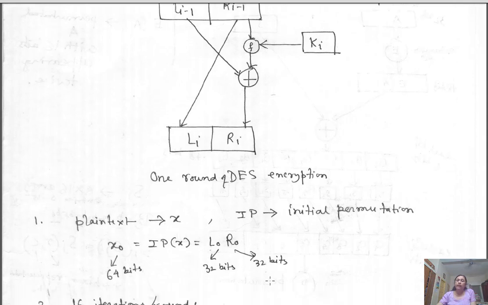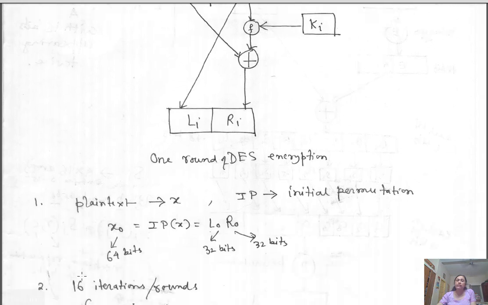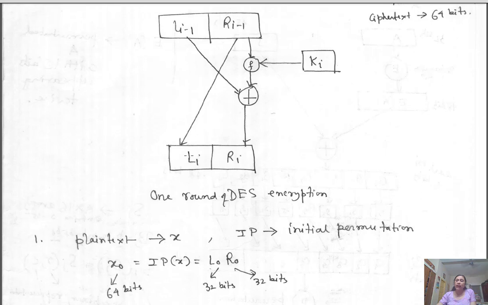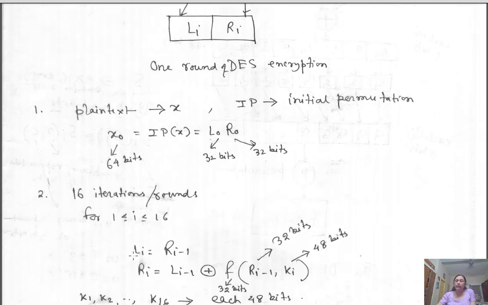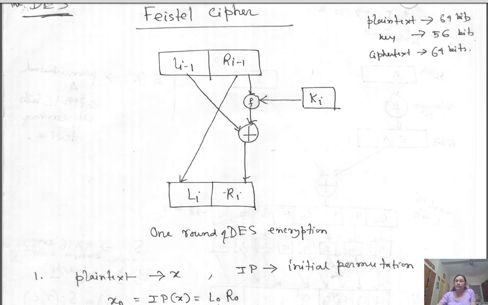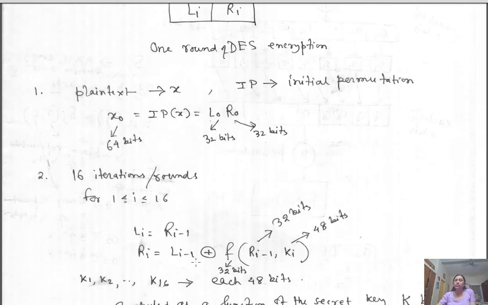DES has 16 iterations or rounds, and for each round i from 1 to 16, as the figure says, Li is Ri minus 1, and Ri, the right side of the new one, is Li minus 1 XOR F of Ri minus 1, Ki.